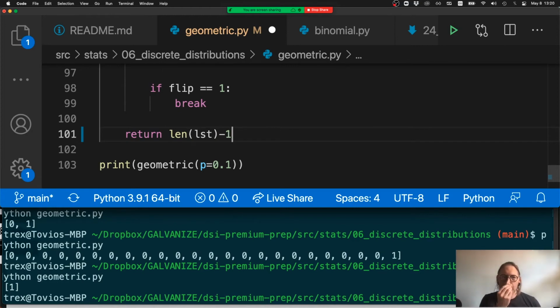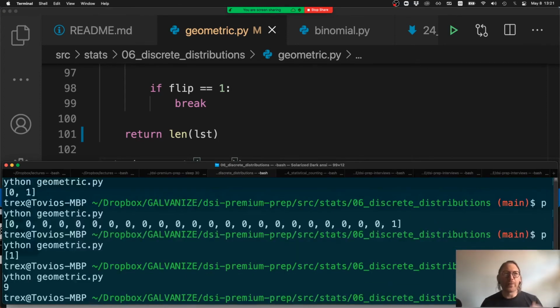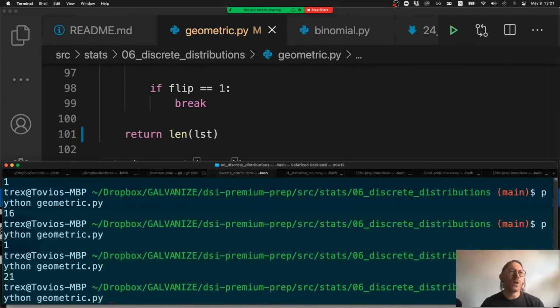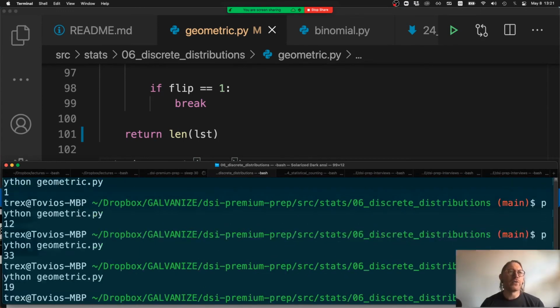Okay? So let's just return the length of the list. And I'll run this again just so that you're clear about what we're returning. We're returning how many trials it took to get a 1. 1, 16, 1, 21, 1, 12, 33, 19, 8, so on and so on.